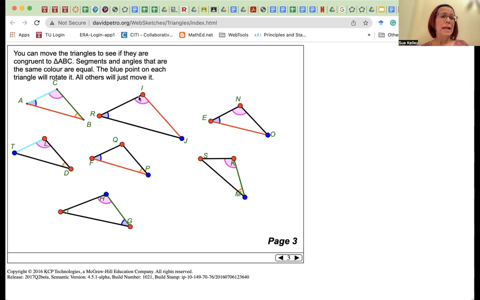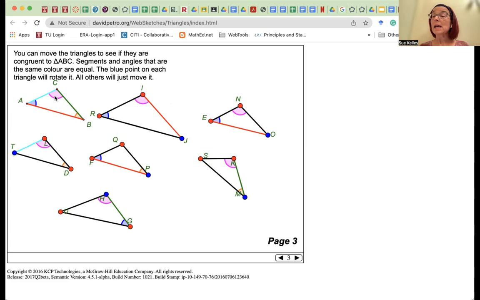We also have an angle that matches up with angle C, an angle that matches up with angle A, and a side that corresponds to AB. However, this side is not attached to the angle at angle A, it's attached to the angle at angle C, so they do not correspond. That's very important. So this triangle would not be congruent to our triangle ABC.